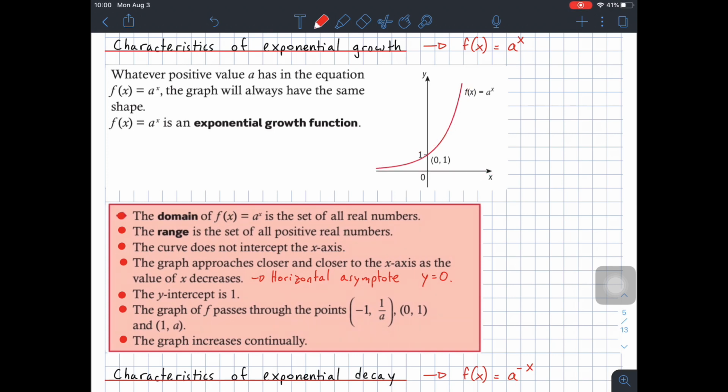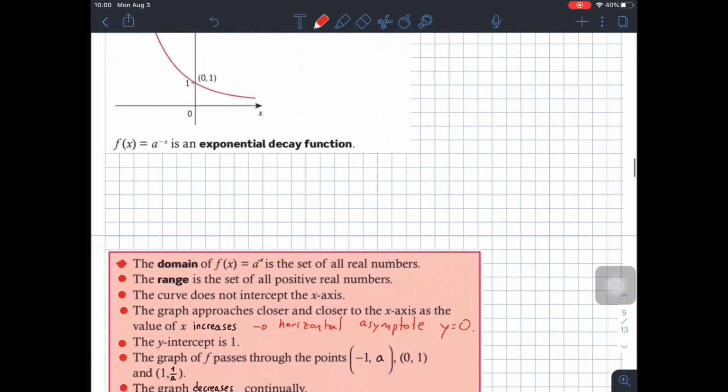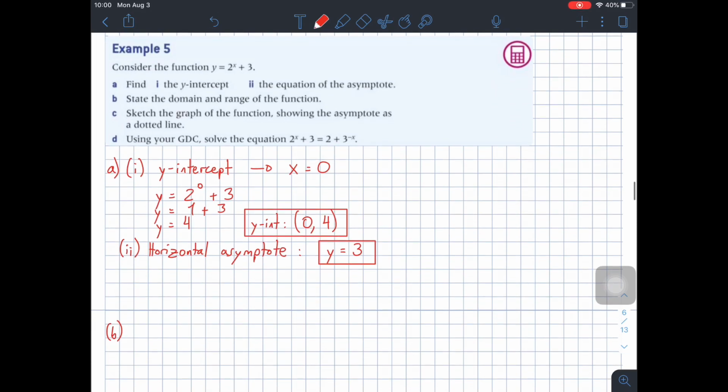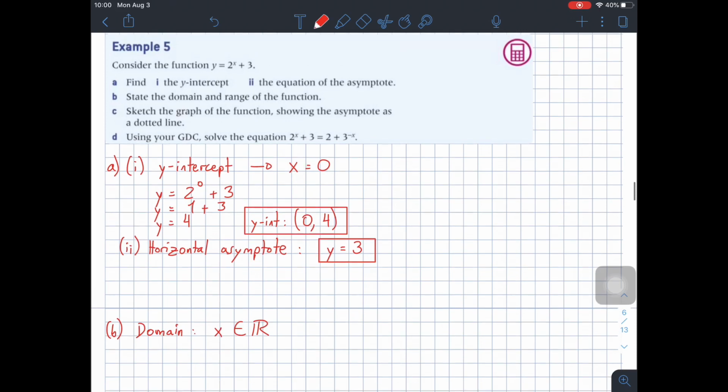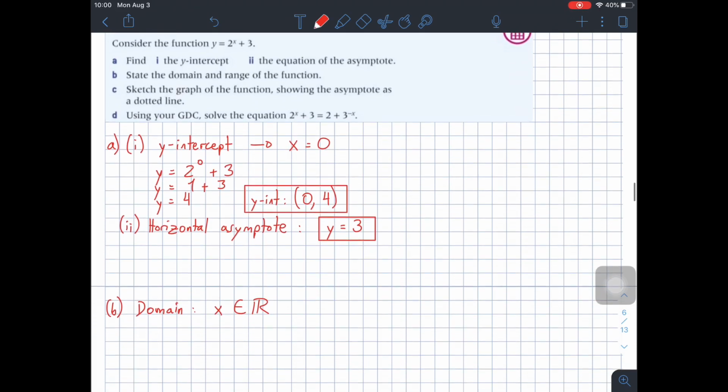So the range is all positive real numbers. So in this particular case, where we have a vertical translation 3 units up, the only thing that changes is the range, right? The domain is still x belongs to all real numbers, because it still covers all the values in x.